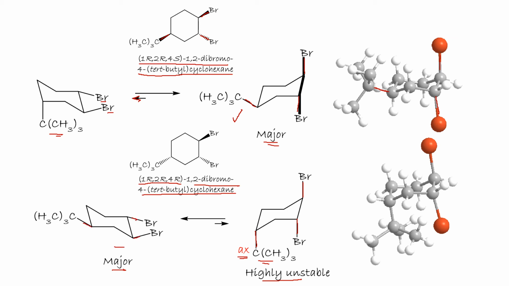This is highly stable and the most stable conformation, so the compound will exist nearly 95% in that conformation, so no E2 elimination will take place.